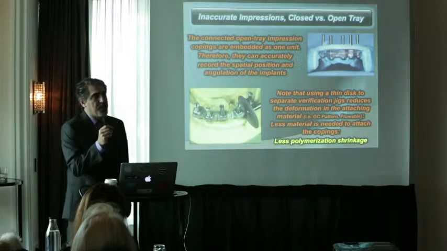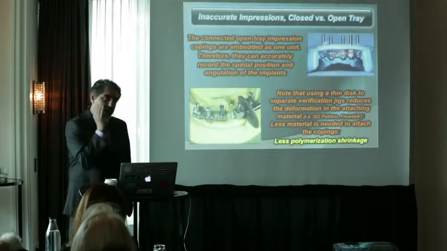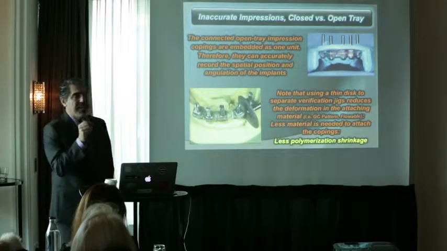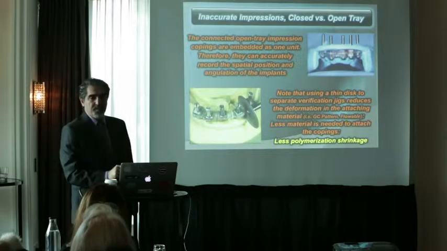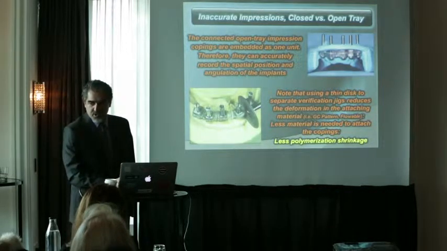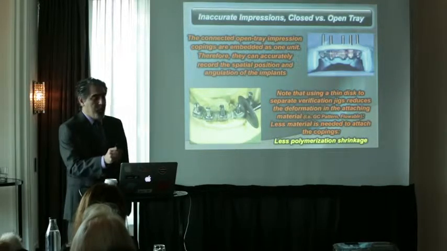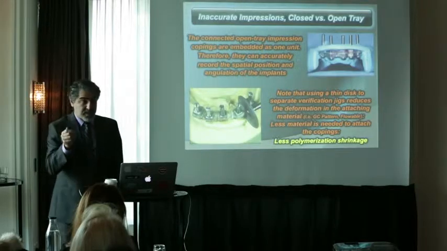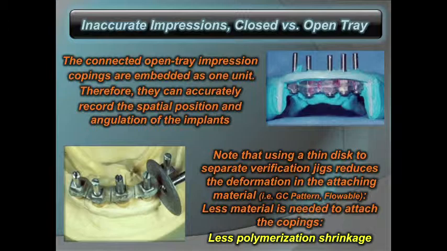The reason that we always make the verification jig and then we cut them and then we attach them in the patient's mouth is that any material that we use is going to have quite a bit of polymerization shrinkage. If we have the polymerization shrinkage, although the impression copings are attached inside the patient's mouth, there will be an internal stress because of that shrinkage.